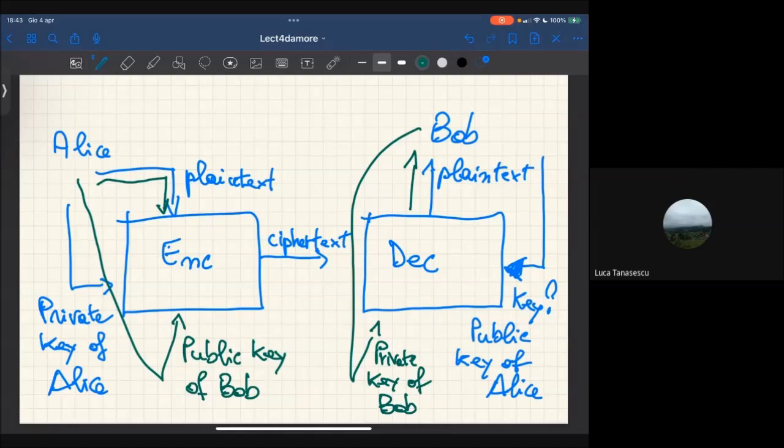And remember that in the symmetric key approach, sharing a key is an issue, a problem to be solved. How to share a key? And it is not simple, because if the adversary manages to know the key, the adversary will be able to decrypt the ciphertext, breaking the confidentiality. Any question?